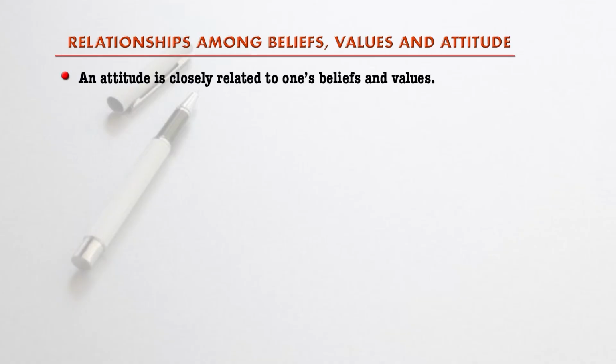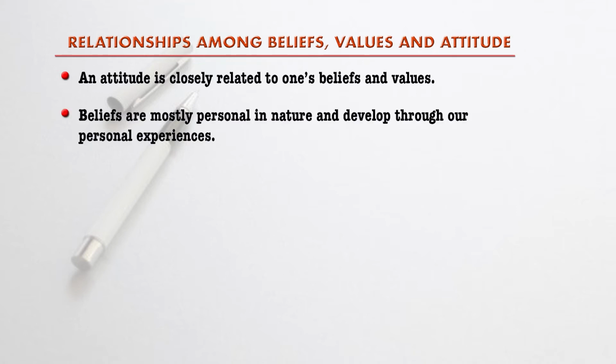An attitude is closely related to one's beliefs and values. Okay? So, the formation of attitudes happens from our beliefs, from our ideas and from our value system. Further, we can say that beliefs are mostly personal in nature and develop through our personal experiences. Okay?